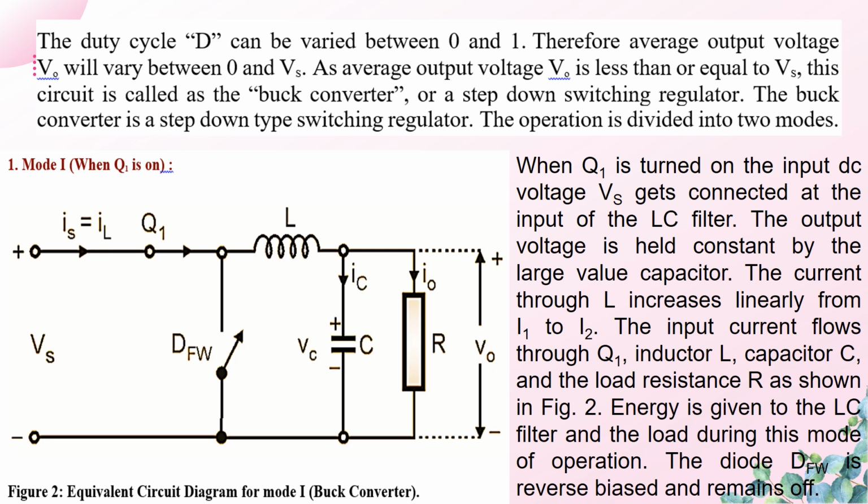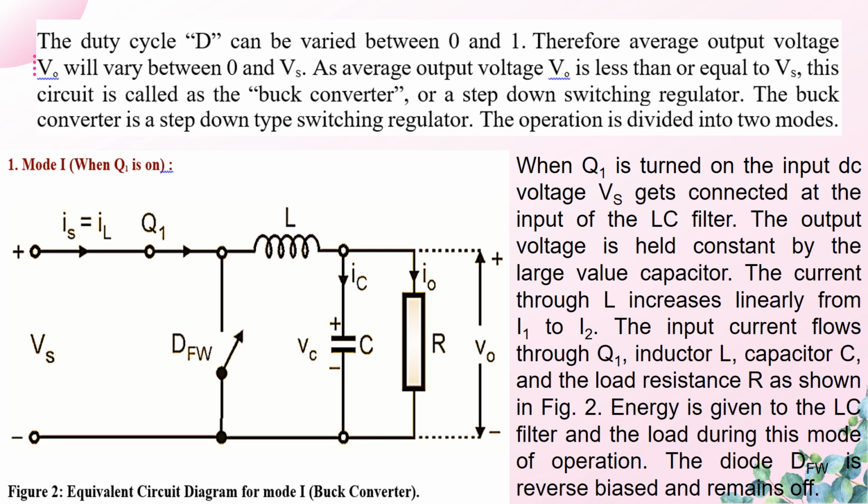The operation of the buck converter is divided into two modes. In mode 1, the transistor Q1 is in on condition. When Q1 is turned on, the input DC voltage Vs gets connected at the input of the LC filter. The output voltage is held constant by the large value of the capacitor.